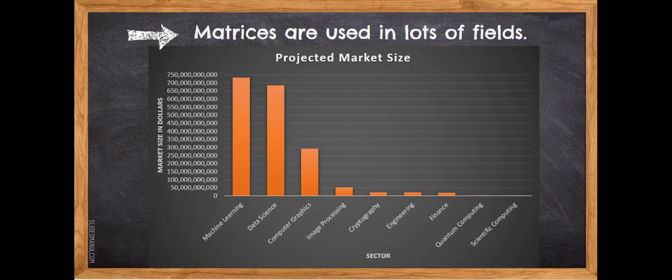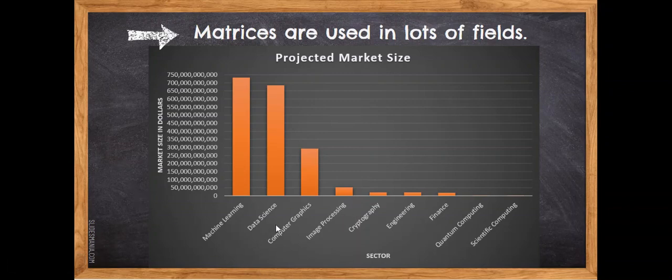Matrices are used in a lot of fields in modern day. These are projected market sizes by the year 2027, if not sooner. Machine learning is a huge one, comprising approximately $725 billion of the market.